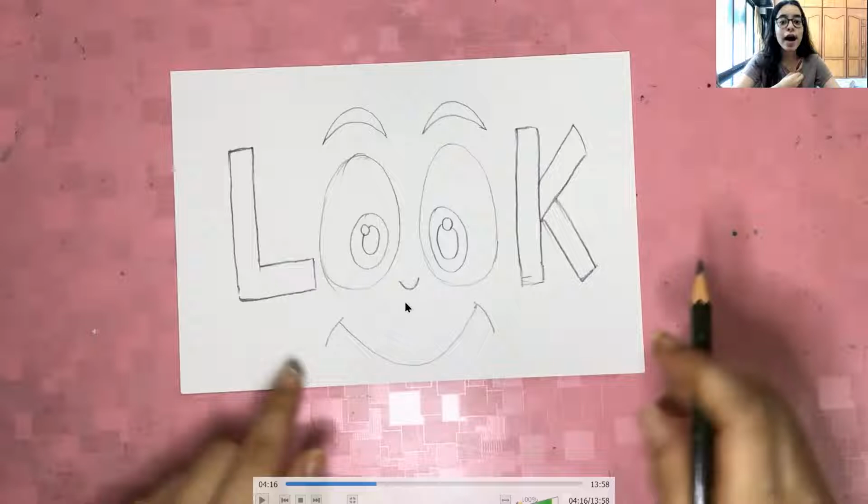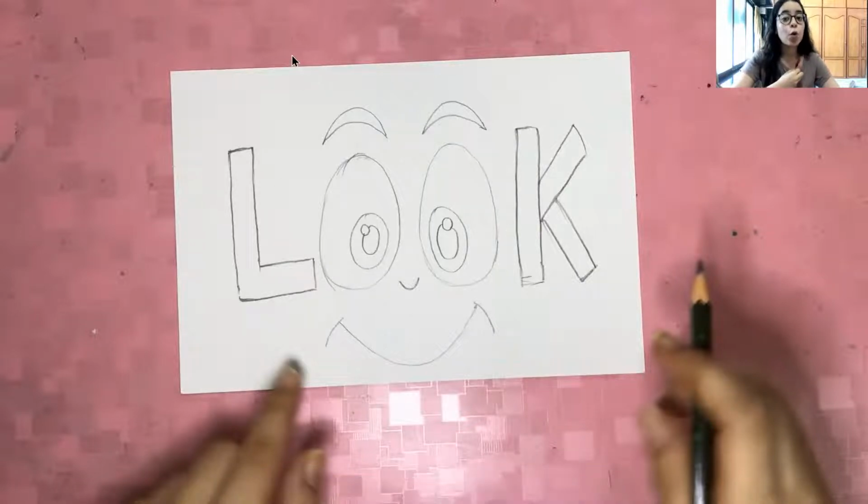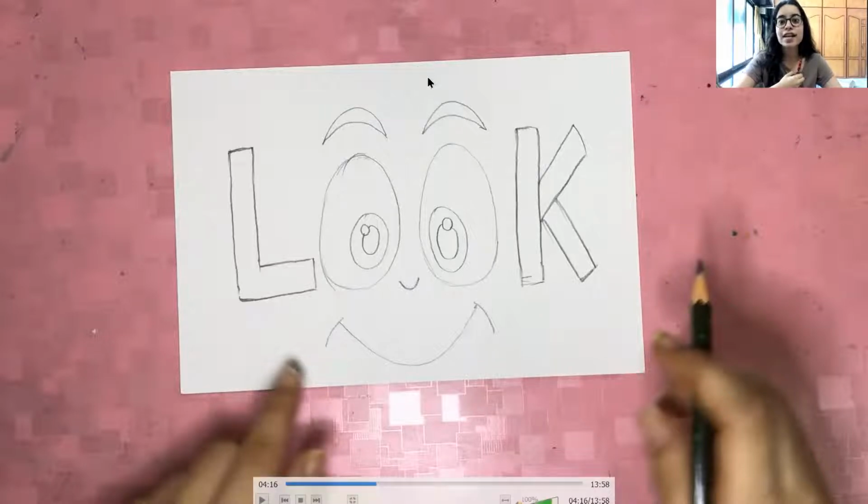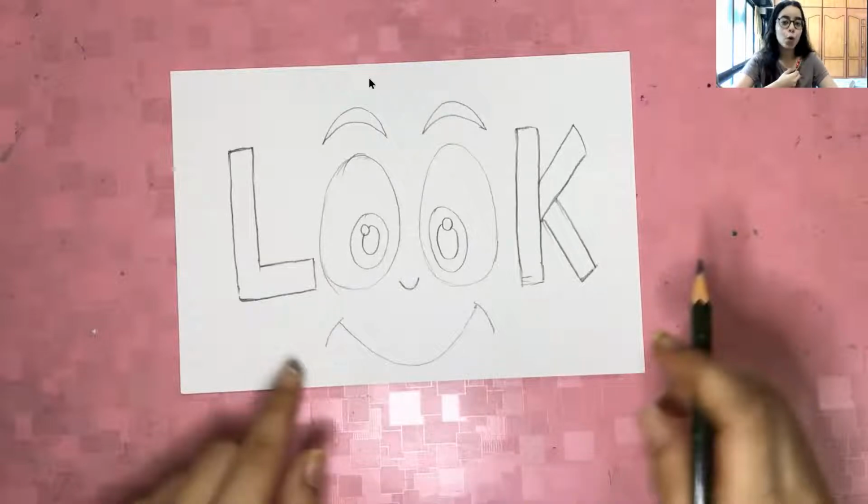Just like the two eyes over here are symbolizing the alphabet O. Yes, so that's the reason I actually asked the question about what we use our eyes for. And that's how we created these eyes symbolizing the alphabet O. So we have just completed the rough sketch.